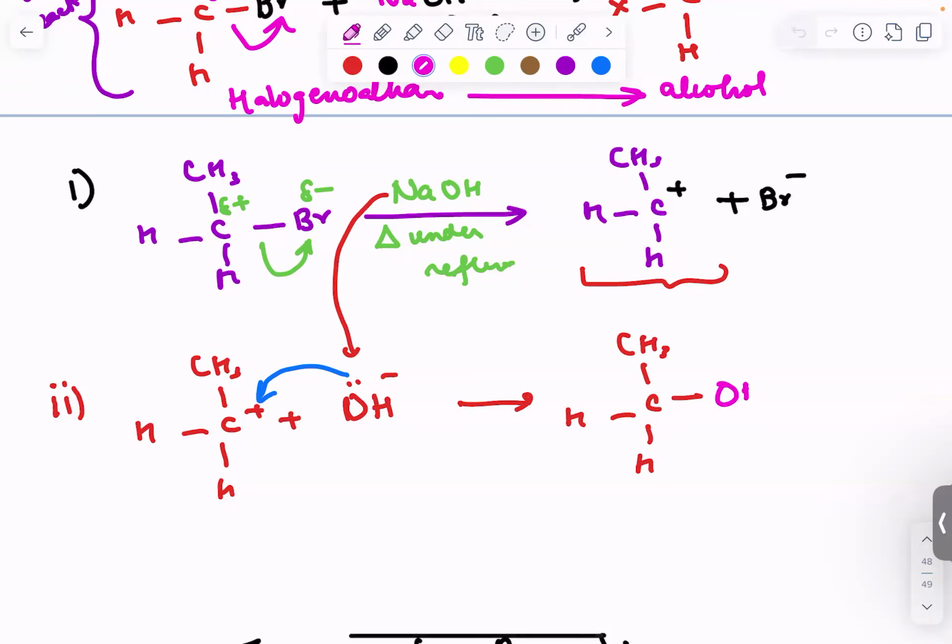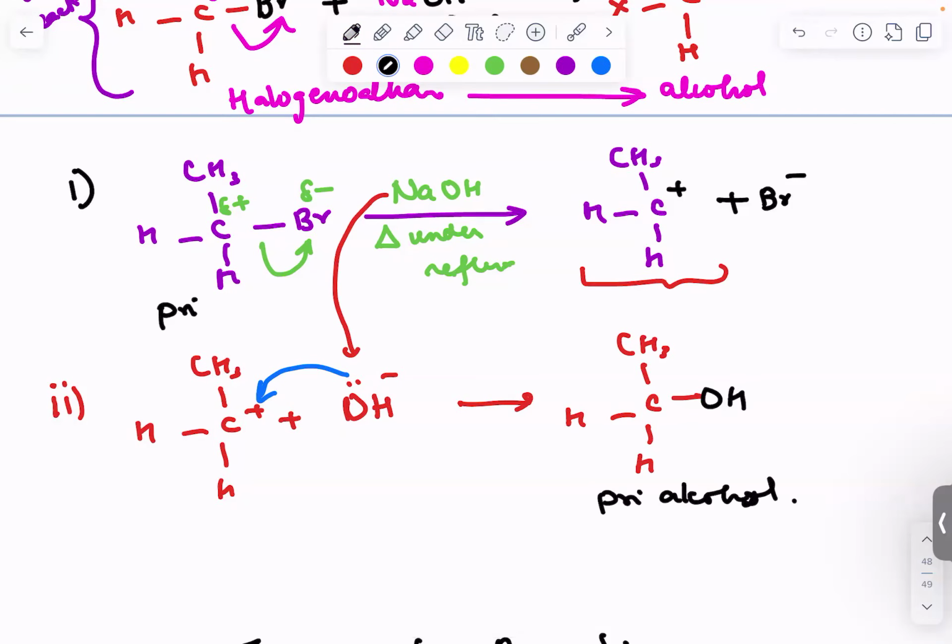So this is the formation of alcohol, primary alcohol. If we take primary halogenoalkane, we get primary alcohol. If we take secondary halogenoalkane, secondary alcohol, and if tertiary, tertiary alcohol. This is the first nucleophilic substitution reaction.